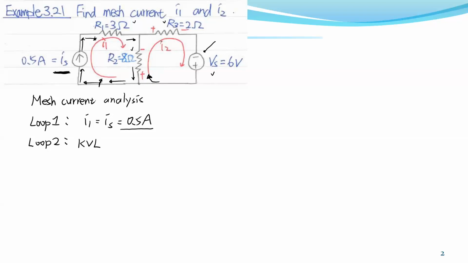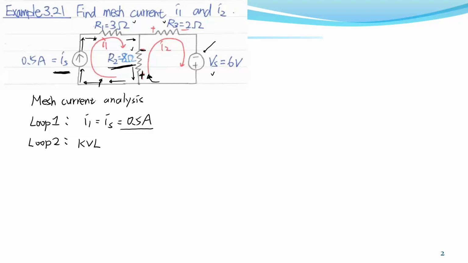Because the current I2 flows through R2, and a resistor always consumes energy, the current will flow into the positive terminal of a resistor.